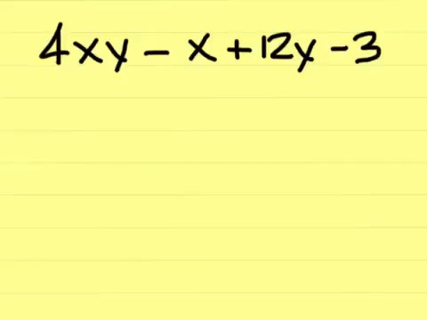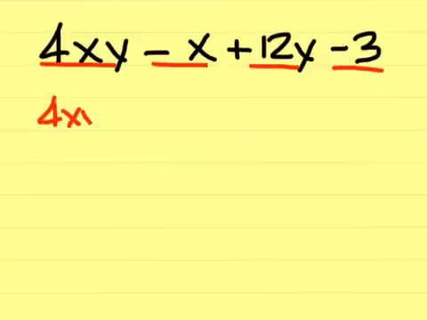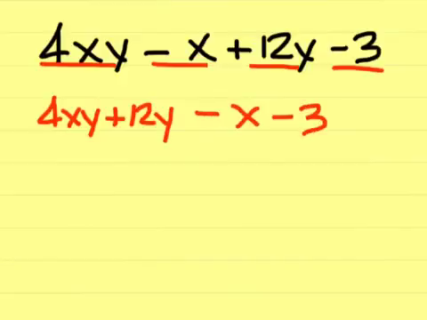The way it is here, we have 4xy minus x, and then 12y minus 3. In the first period class, I did this by grouping the first two together. I'll try this a different way. We'll just see what happens. Let's try the 4xy and the plus 12y first, and then minus x minus 3 last.